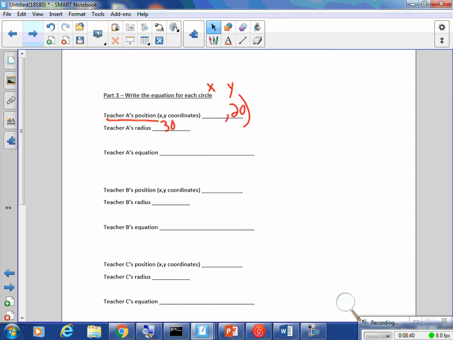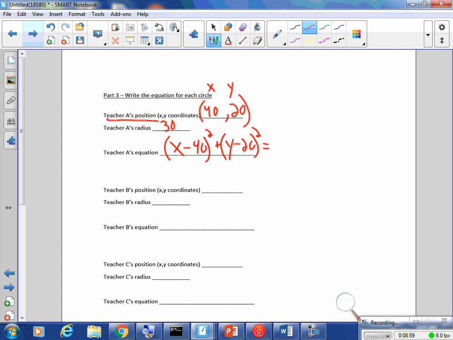If this was where we would put our teacher at this particular coordinate pair, and with this radius, your circle would be (x minus 40) squared plus (y minus 20) squared equals the radius squared, which I believe is 900. So that would be the equation for teacher A's circle if we chose to put that teacher there.